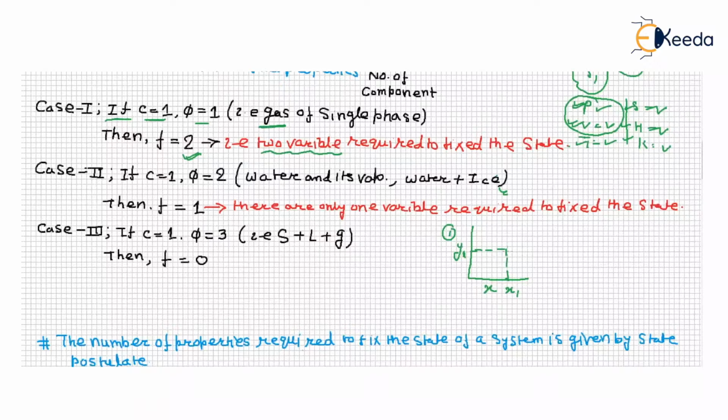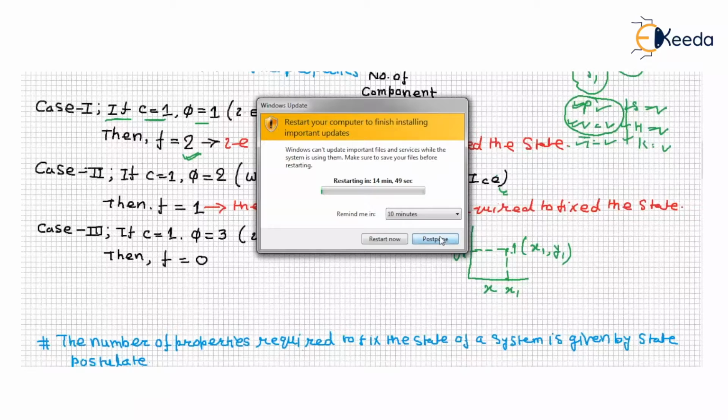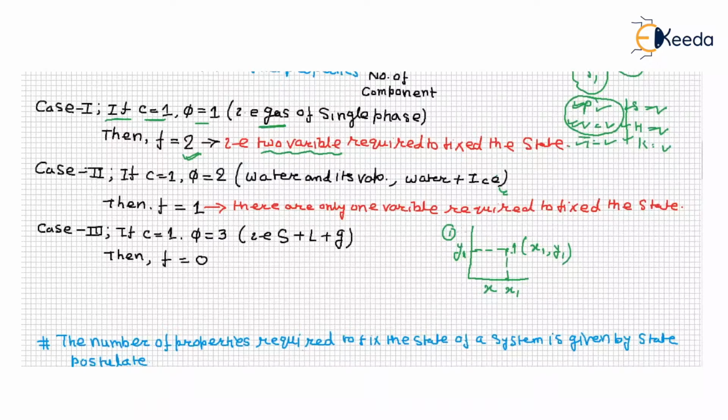That means for a gas of a single phase, a minimum of two properties are required to fix the state. If you define this point, only two properties like pressure and temperature, or pressure and volume.